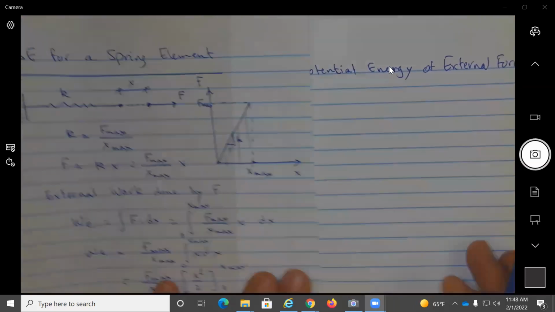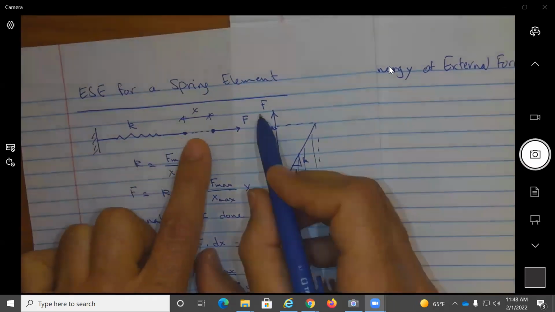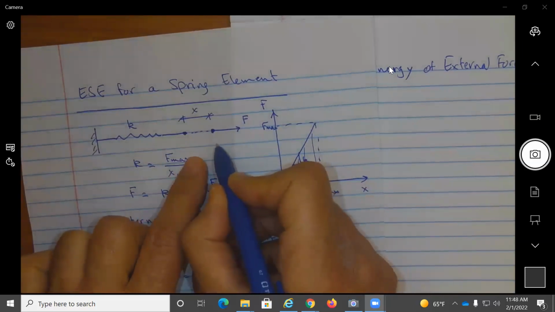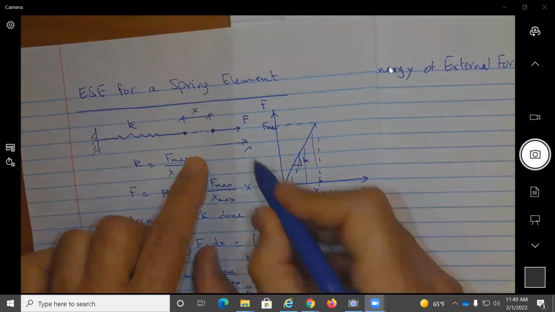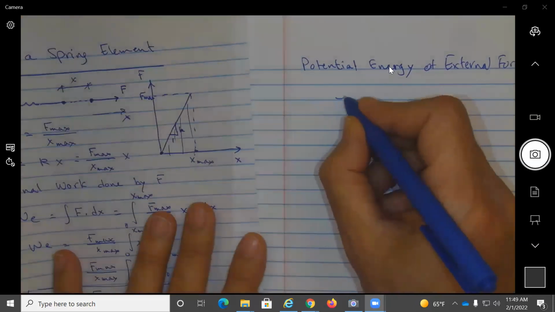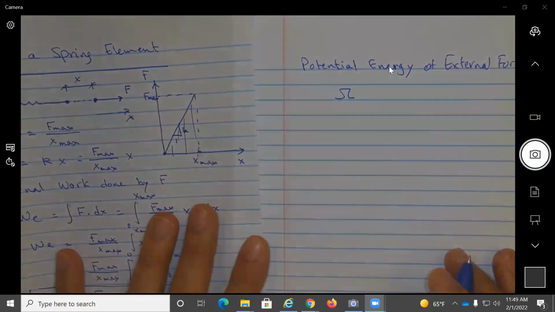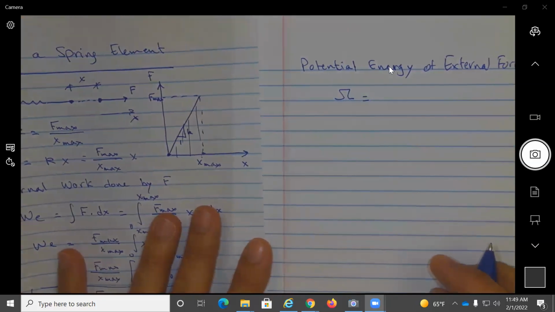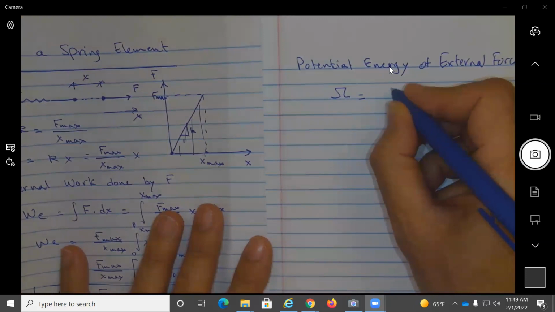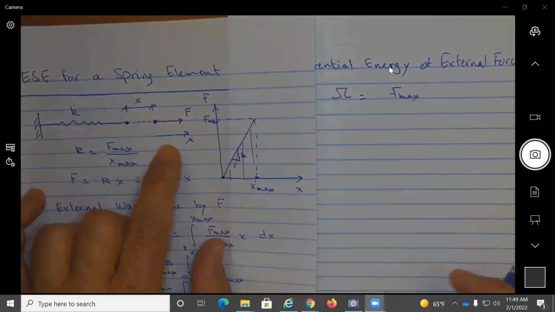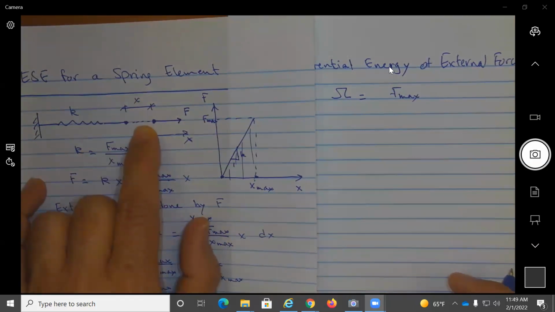Now, when I described here the spring, of course, the positive X direction is in the direction of F. So this is my positive X direction. This potential energy of external forces, omega, is equal to, if I have a force F max applied, F max is moved a distance X max.